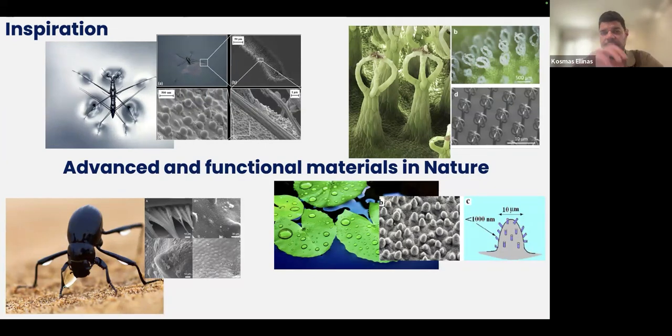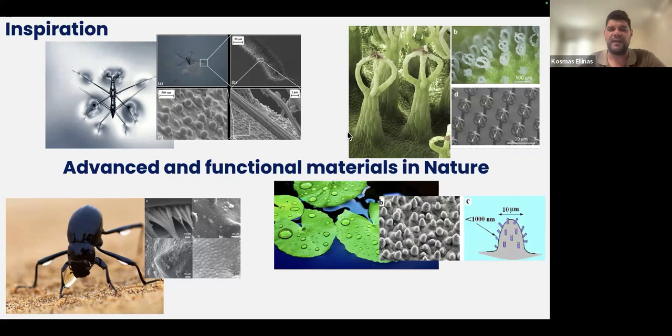So scientists were observing some strange behavior in several plants or insects, and then when they studied them carefully, they saw that this kind of objects incorporate micro and nano features. So a lot of effort has been done in order to mimic, let's say, the nature behavior or the nature properties.